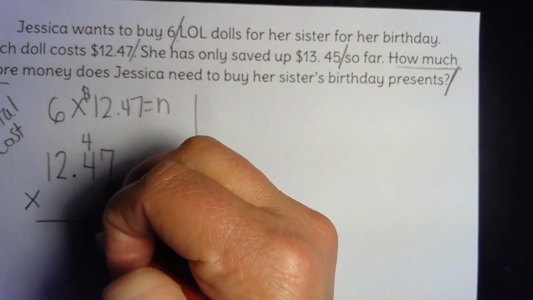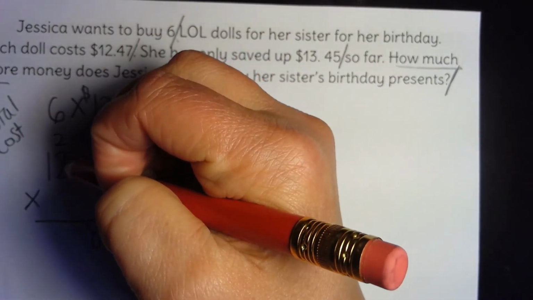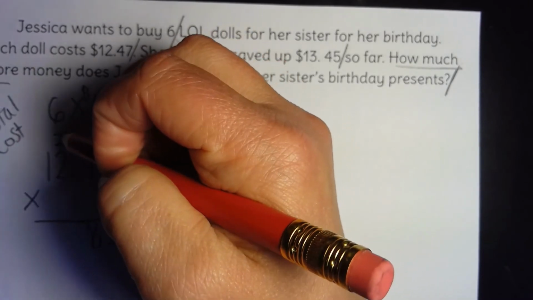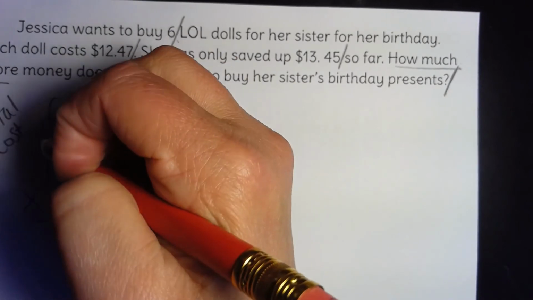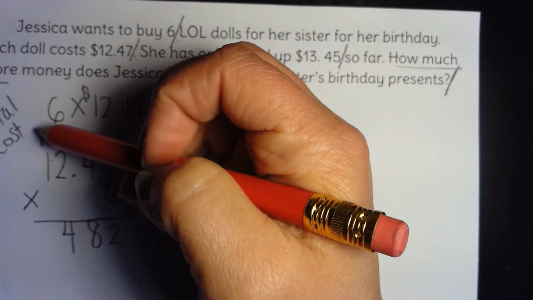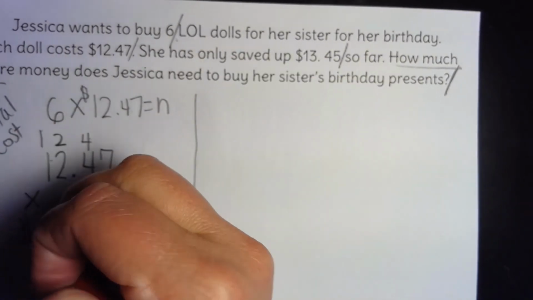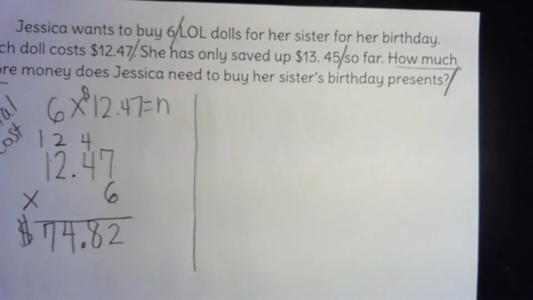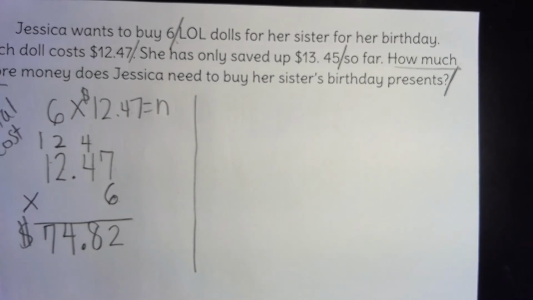Put down the 8 and I carry the 2 hundreds. 6 times 2 is 12, plus the 2 I carried over is 14. Put down the 4 and I carry the 1,000. 6 times 1 is 6, plus 1 is 7. So the total amount that Jessica needs, or the amount she's going to spend on the birthday present, is $74.82.